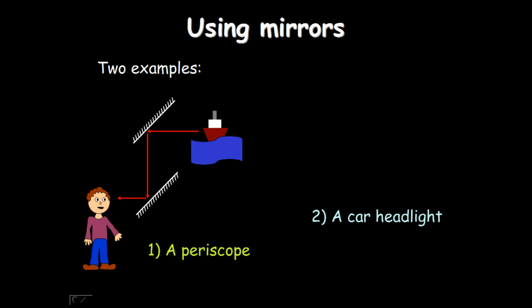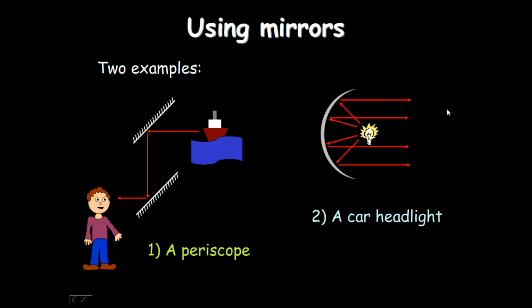A car headlight. In a car headlight, we use a concave mirror. A bulb lights up and the concave mirror directs all the light in the forward direction. There is a concave mirror and there is a bulb of a car. The bulb is giving light and this light strikes the curved surface of the concave mirror, and the concave mirror focuses the light in the forward direction.